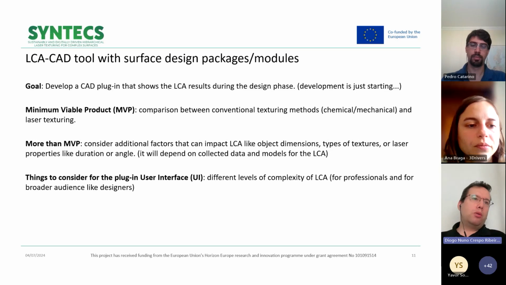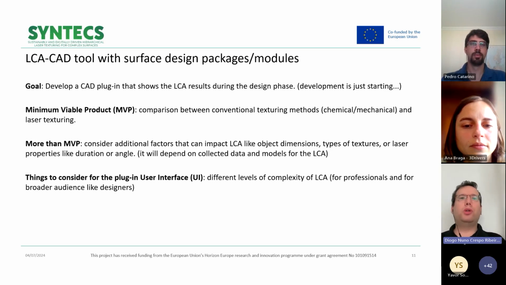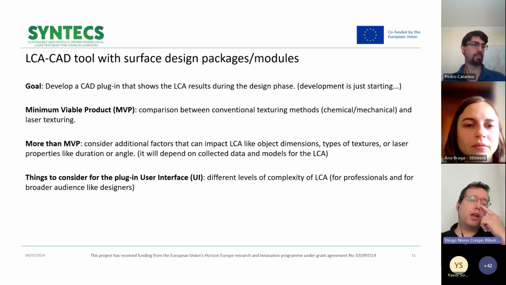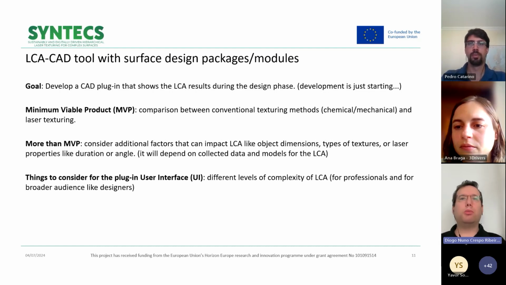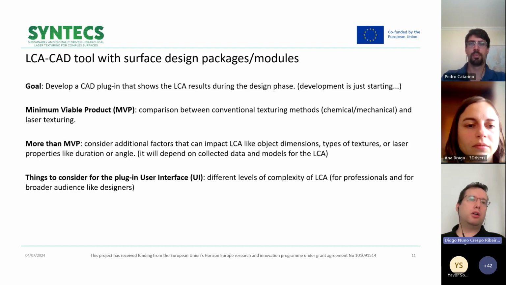So our minimum viable product is to have this kind of comparison between the conventional texturing methods that Anna and Vesh were discussing, like having this comparison between chemical and mechanical and the laser texturing. This is our minimal viable product.